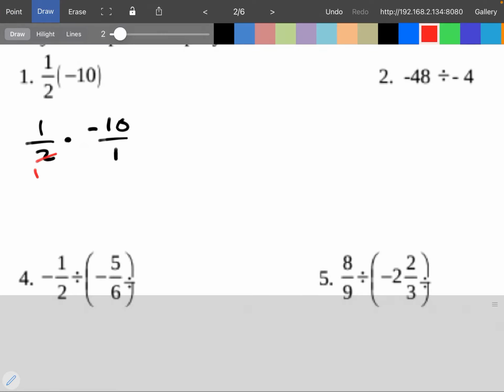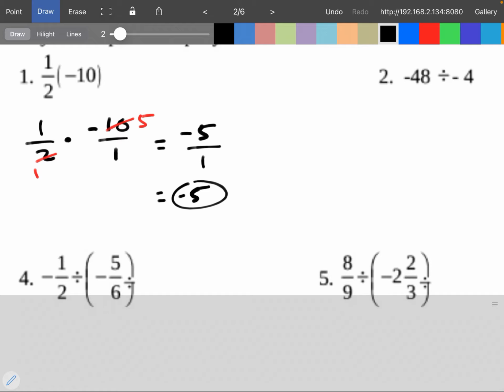So 2 divided by 2 is 1, and 10 divided by 2 is 5. Now if you multiply straight across the top, you get 1 times -5, which is -5. And on the bottom, the denominators, you get 1 times 1, which is 1. And so the answer is just -5.